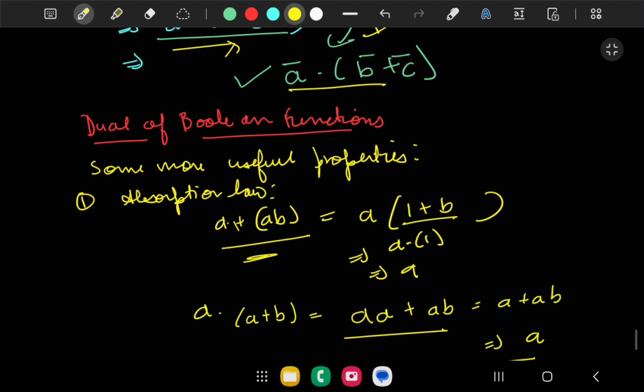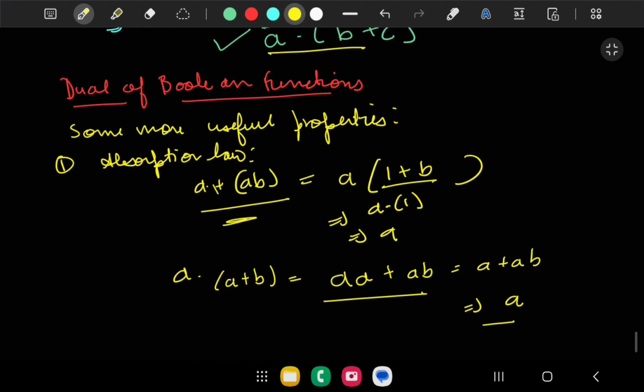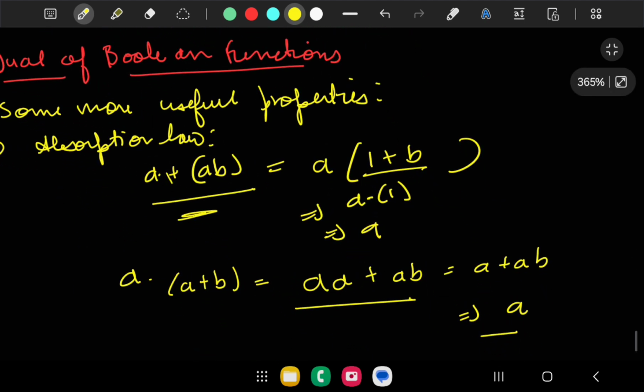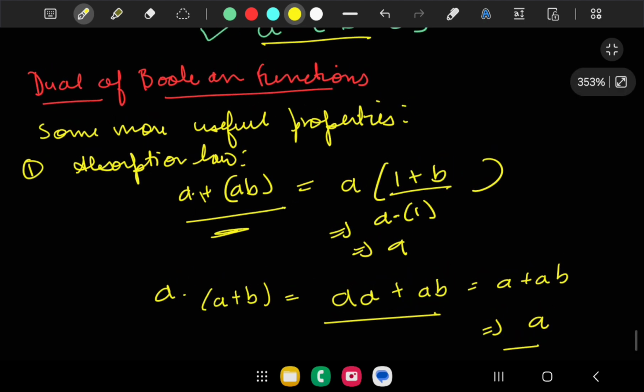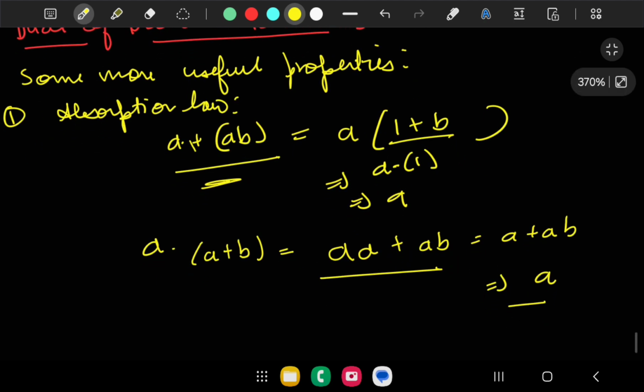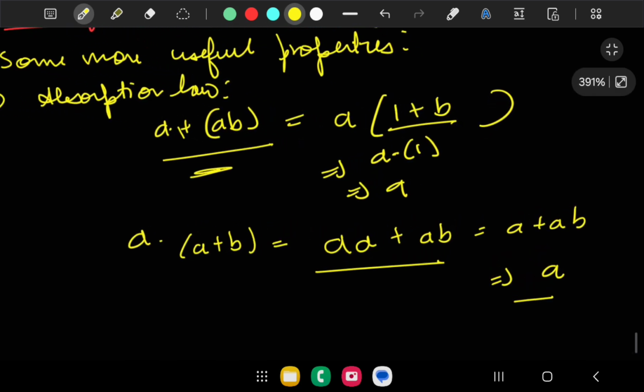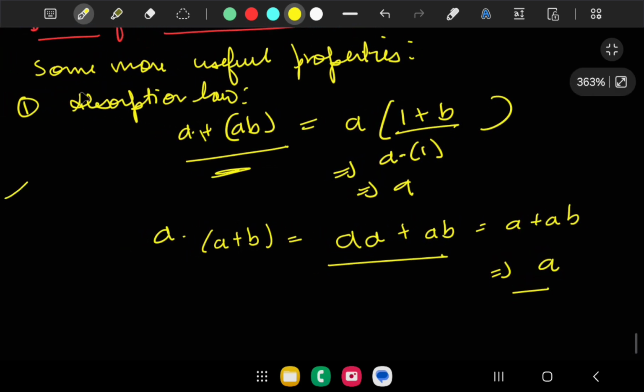Now the next topic is the dual of a Boolean function. So what is the dual nature or the dual of Boolean functions? Before that, we'll understand some more useful properties, of which the first one is the absorption law. If we have an expression like this, A plus AB, in which there is a hidden 1, because A dot 1 is A only.